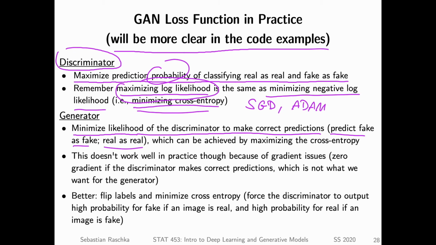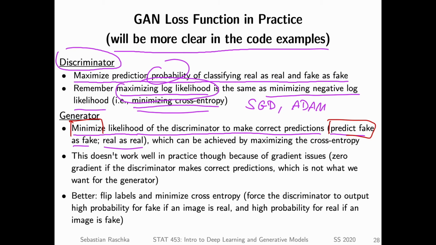Now the key here is we want to minimize the likelihood. That means we want the discriminator to make a wrong prediction. So we don't want it to predict fake as fake. We want to minimize the likelihood that it does actually predict fake as fake and real as real. So we want to fool it here.